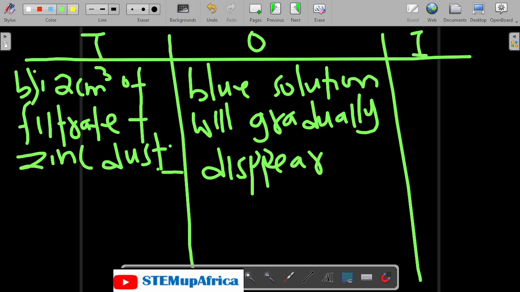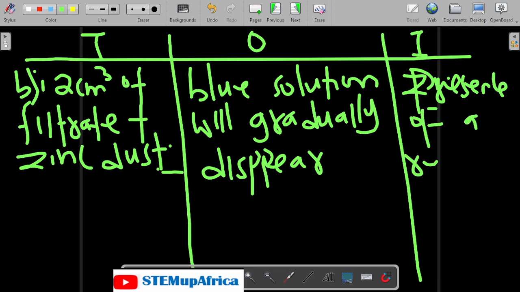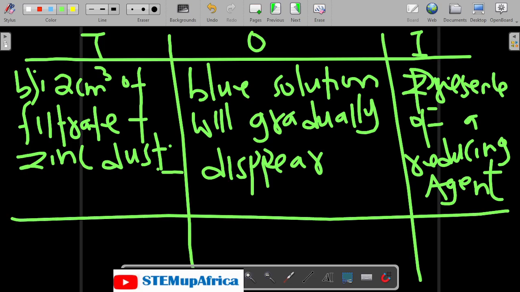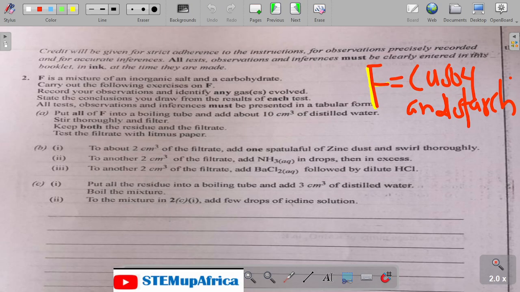It means presence of a reducing agent, because the oxidation number of copper will change from 2 to 0. So presence of a reducing agent.